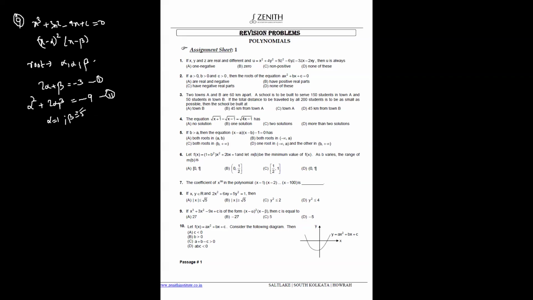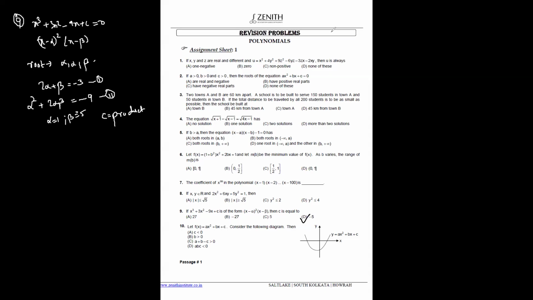And then C would be the product of the roots. So that will give us -5 as the answer.